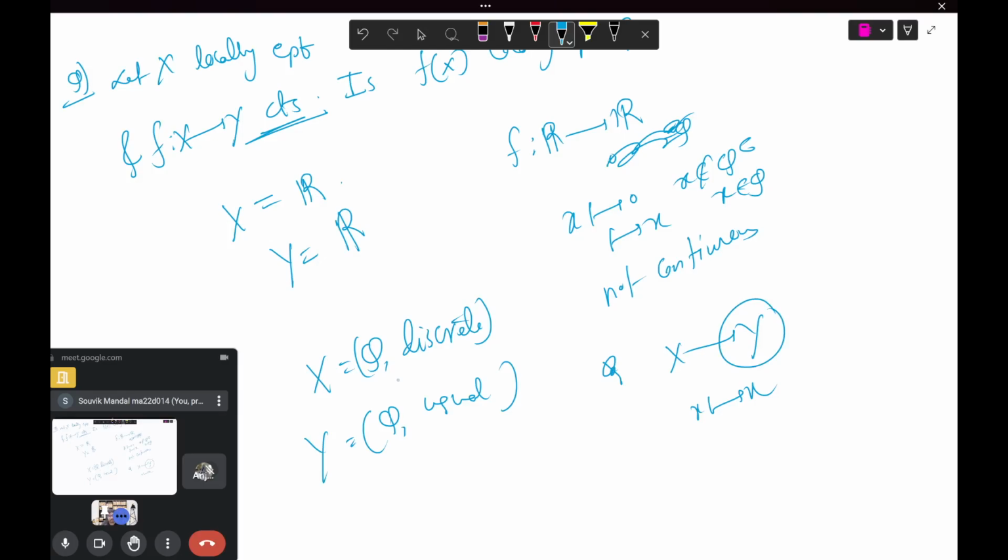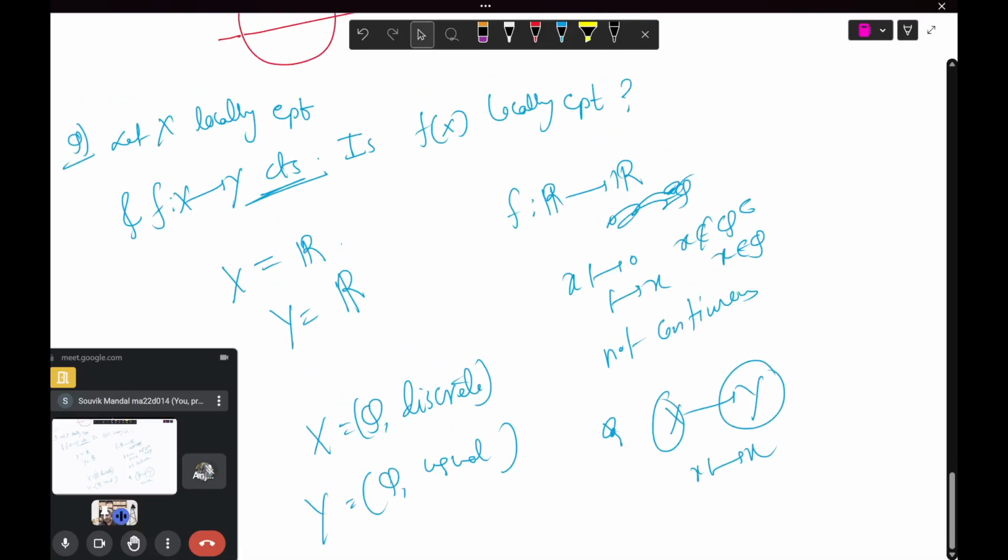We have seen it before. And X, Q with the discrete topology, is locally compact, right? So this is the counterexample. Understand? Yes, sir.